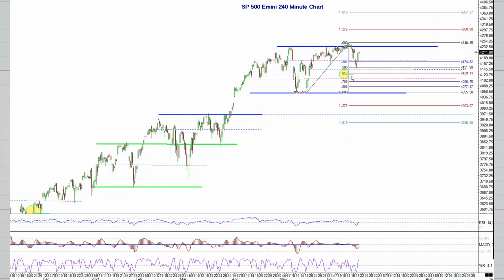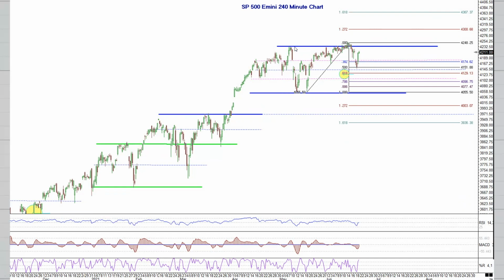The lows of Globex on Sunday in the S&P were right at this 0.618 that's in the yellow circle, right around this 41.29 area. And in another chart or two, I will show you the buy pattern that completed right around here.